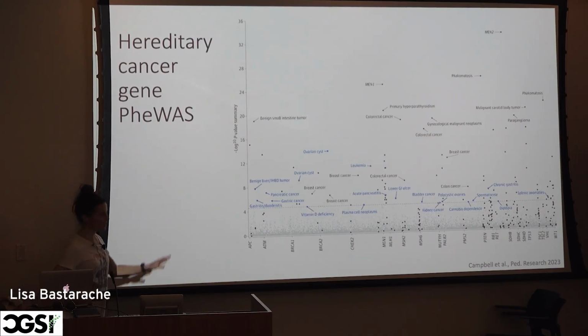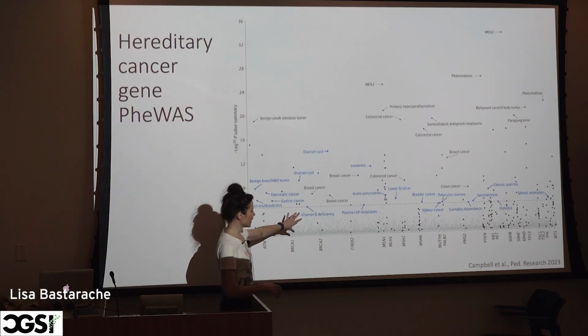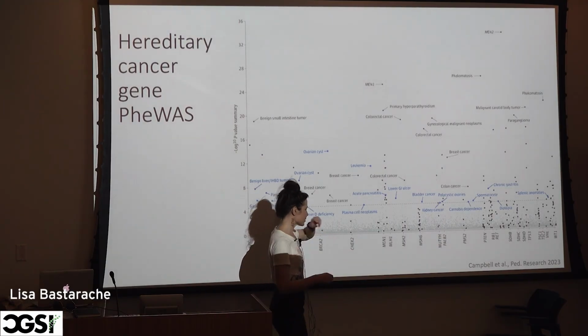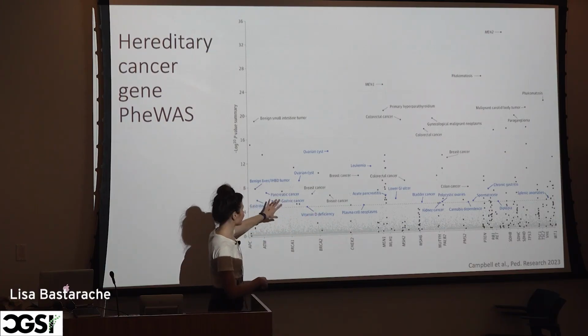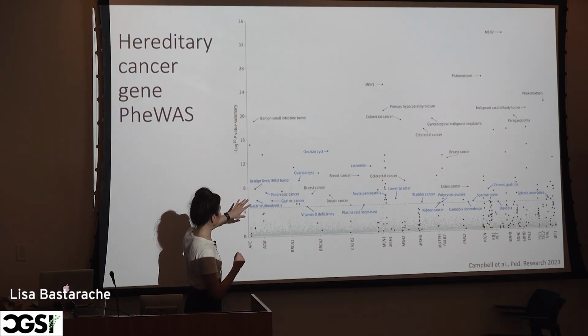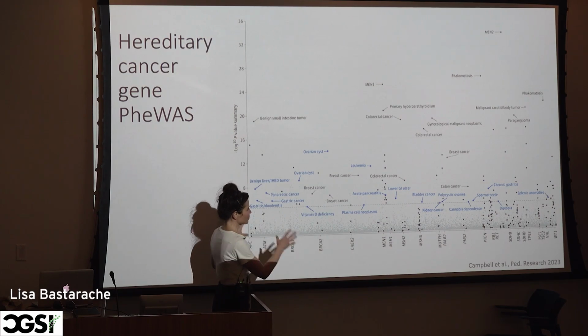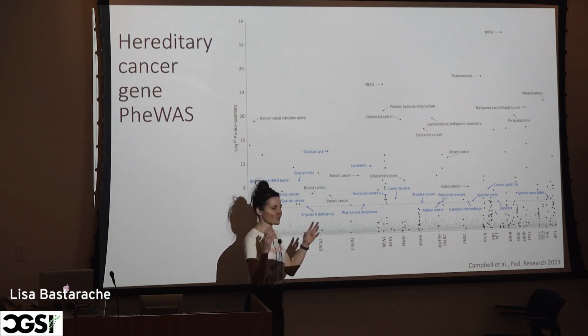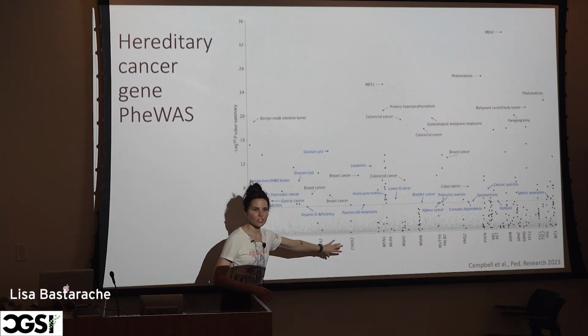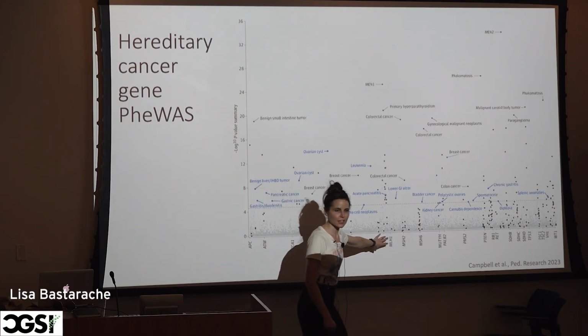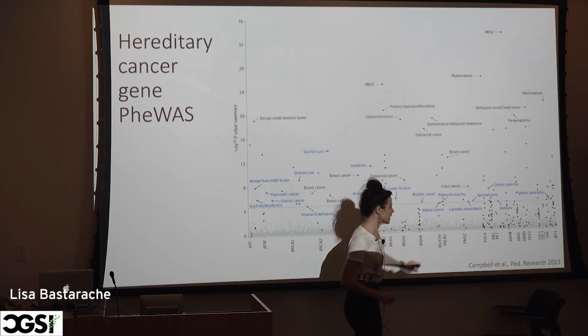And finally, this is a study where we looked at, oh, this is the wrong citation. This was in JAMA Oncology, I think. Chenji Zheng is the first author, an excellent researcher at the NIH. We've also run PheWASs where instead of looking at an individual variant, we're looking at individuals who have pathogenic variants and known hereditary cancer that are associated with hereditary cancer syndromes.